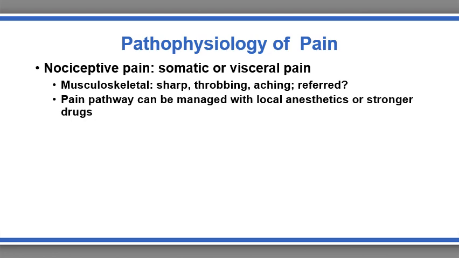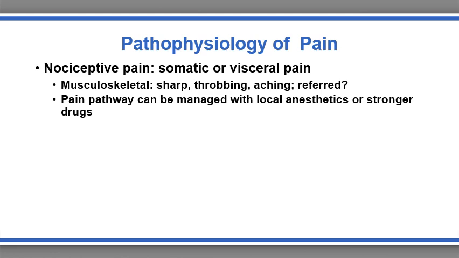Particularly with musculoskeletal pain, a lot of these pain pathways can be managed even with local anesthetics or even stronger drugs. We're going to be talking about a variety of different pain medications. Really important with nociceptive pain, it's acting as a protective signal to let us know that something is wrong.